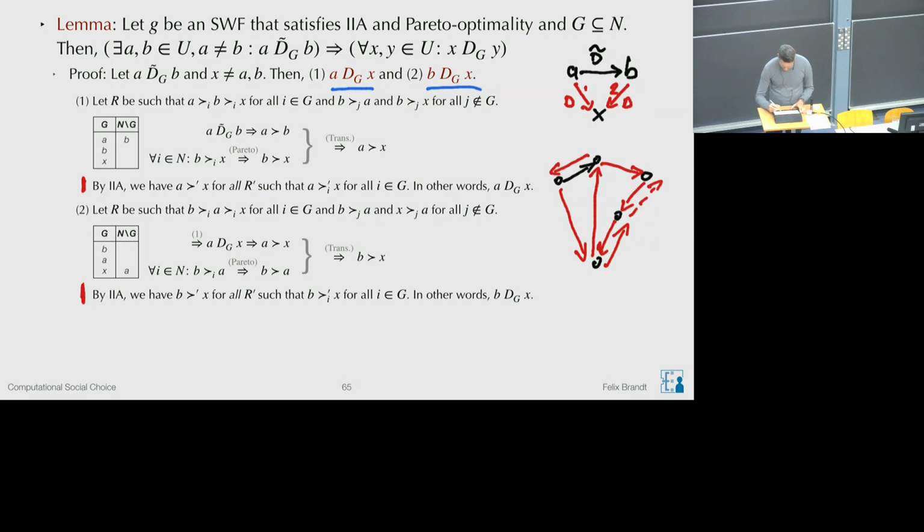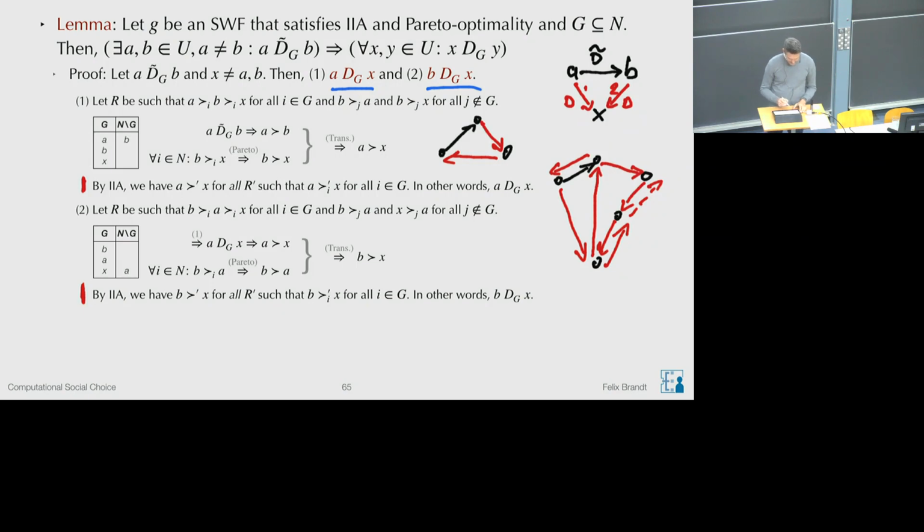If we have only 3 alternatives, like in this example here, we would start with one black arrow, which is the semi-decisiveness relation between A and B. If we only use the second condition, we have this here, then we use the second condition again, we have this here, and then we do get completeness, but we don't get symmetry. We don't have enough space for maneuvering and turning around in this small graph here.